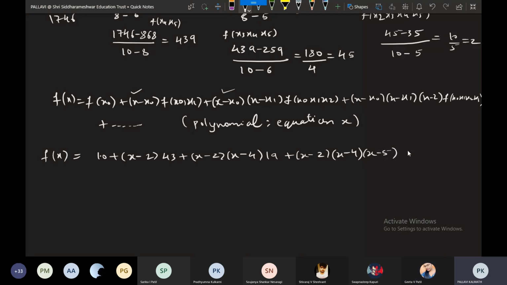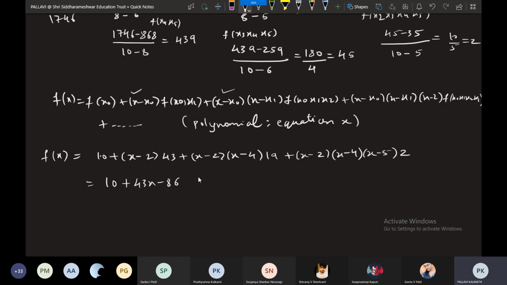5. After 19 there is the difference as 2, correct? Yes, ma'am. Okay, so go on simplifying this equation, the brackets. Here 10 plus 43x minus 3 times 6 and 4 times 8.